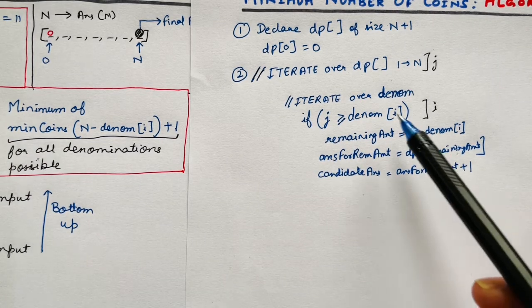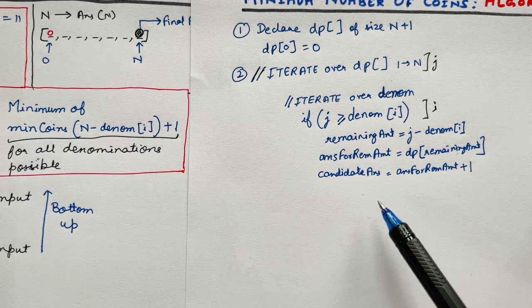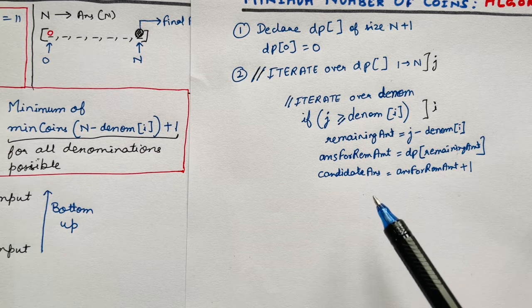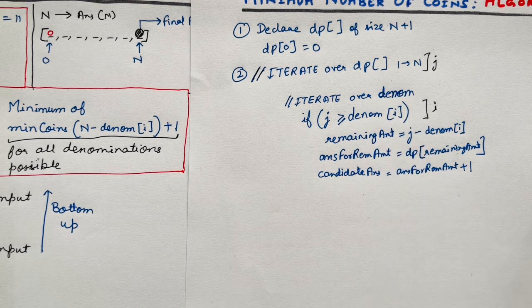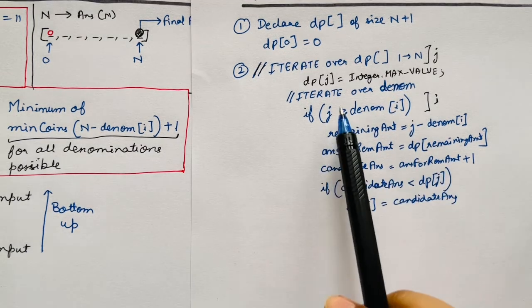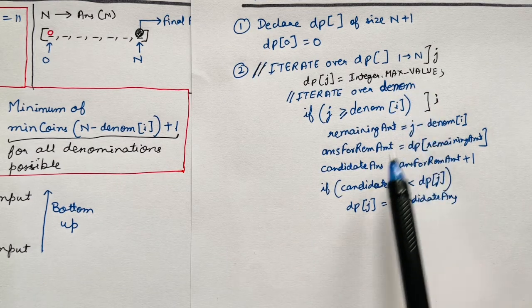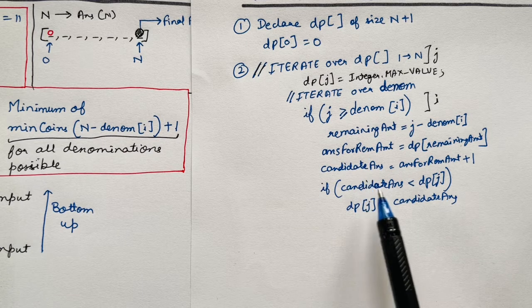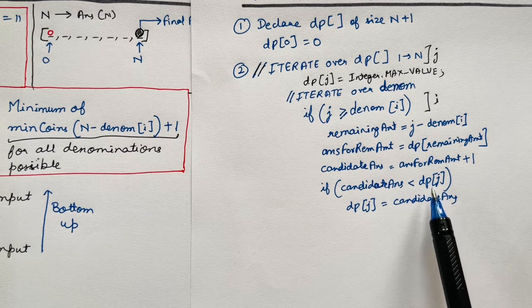Now as we iterate through all possible denominations, we will have multiple candidate answers. But we also need to keep track of what is the minimum candidate answer. So we will keep track of that in the dp[j] variable itself. So we will initialize dp[j] with the maximum infinity value, and at every stage, whenever we get a candidate answer, we will check if this candidate answer is less than what is currently stored in dp[j].